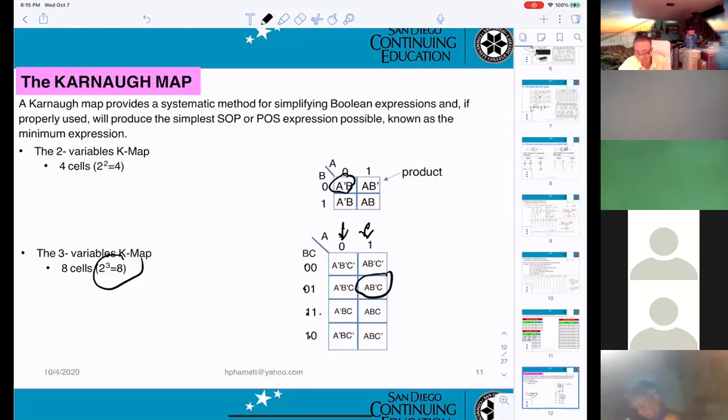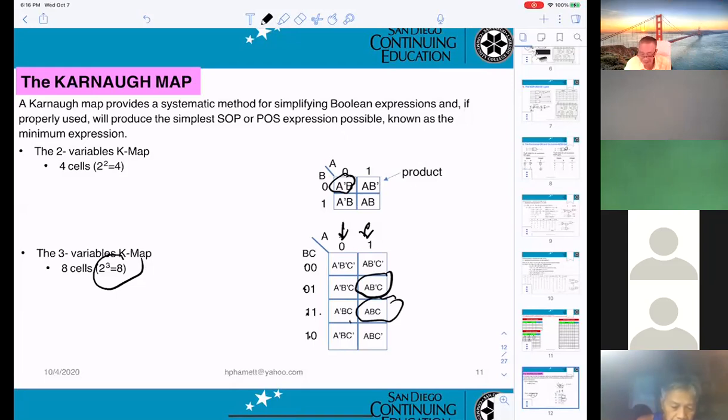Yes, that will be C. Okay? You can try this one for me. What is A? 1. B? 1. C? 1. So that's A, B, C.